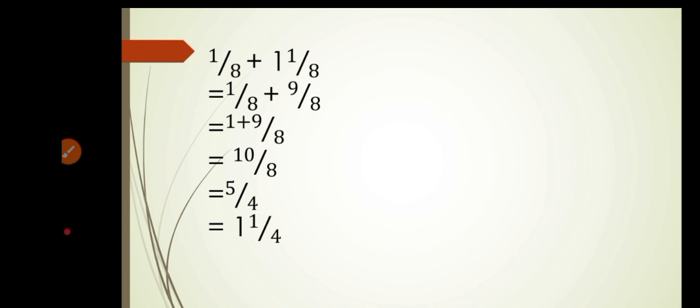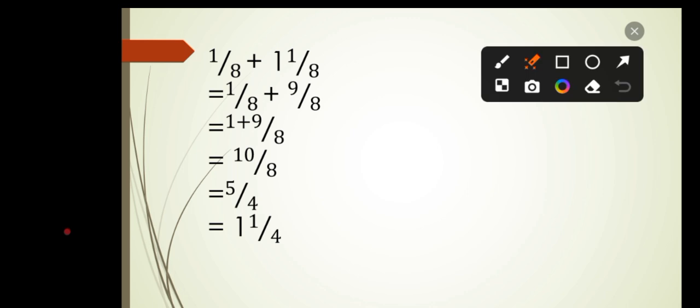Now that we have converted this mixed fraction into vulgar fraction, what do we do? We do addition. Since the denominators are the same, we add up the numerators. This fraction having denominator 8, this fraction having denominator 8. We add the numerator 1 plus 9.